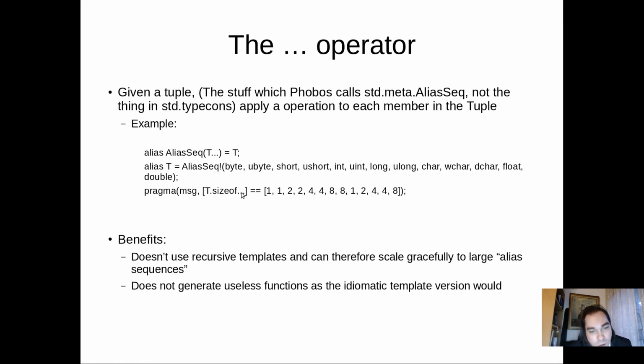When the ... operator happens, it sees that, and it will replace it with another sequence that then is byte, sizeof ubyte, sizeof ushort, sizeof int, sizeof, and so on, which then becomes a sequence of 1, 1, 2, 2, 4, 4, 8, 8, 1, 2, 4, 8, and then that sequence, because it is written inside the brackets for an array, it will be put into the array literal, and we can compare that these array literals are actually the same.